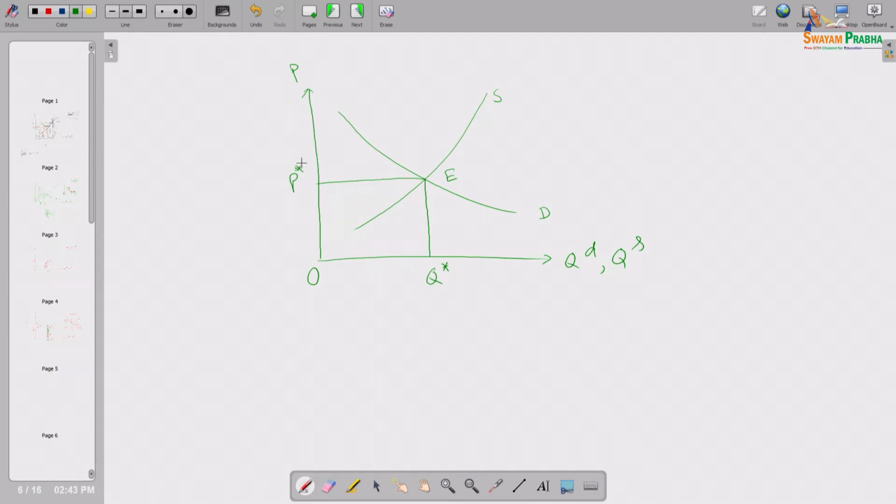Suppose after the imposition of the tax, this is the equilibrium quantity OQ1 and two equilibrium prices, one is say PS star, and this is PC star.